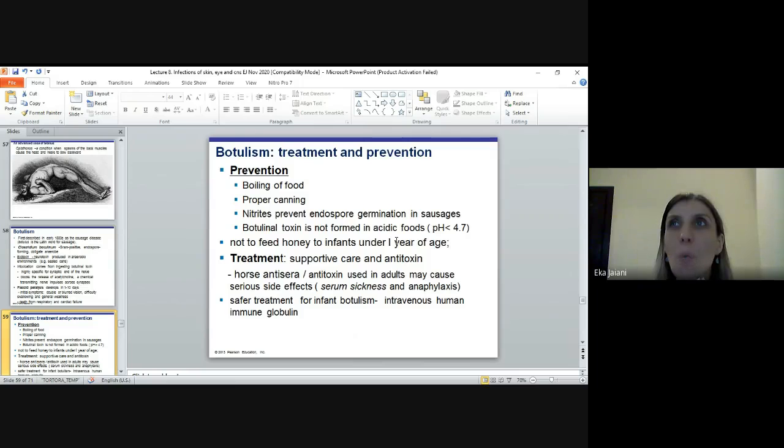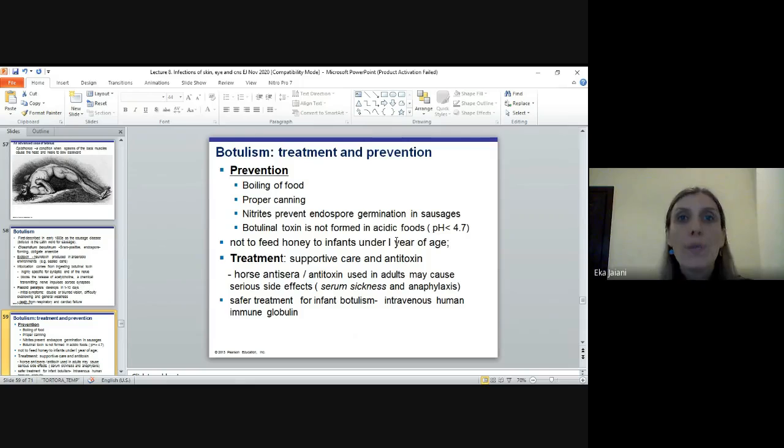This is when they consume Clostridium botulinum, not the toxin, but the bacterium, and the bacterium grows in the GI tract and can produce toxin, and then it leads to floppy baby syndrome. So the baby is weakened because of this muscle weakness. The main source of Clostridium botulinum in babies can be honey. That's why honey shouldn't be given to babies under 1 year of age.